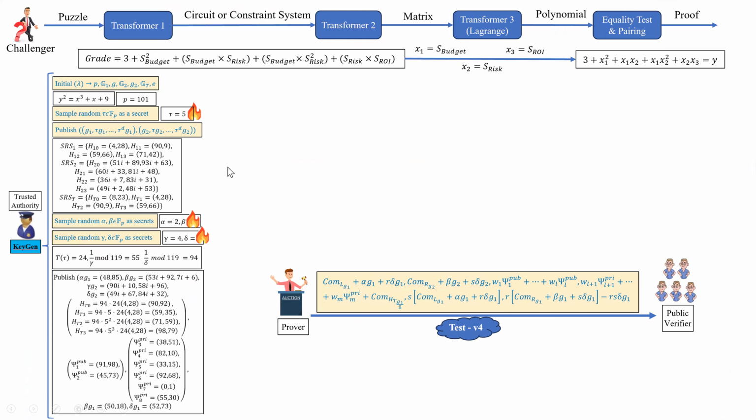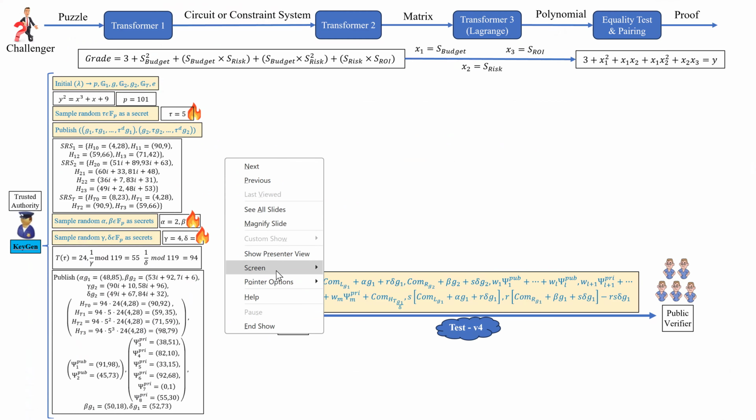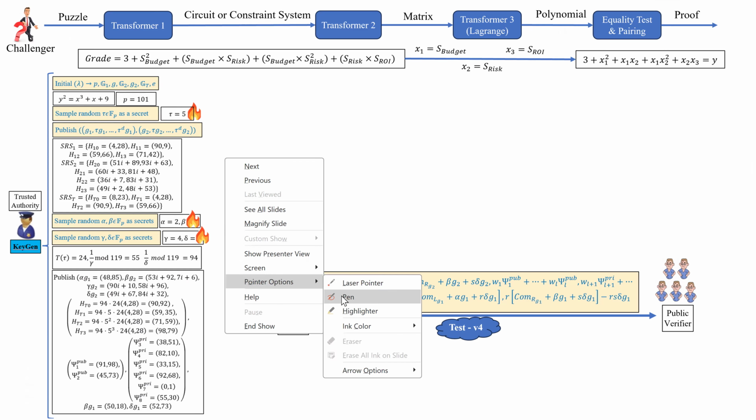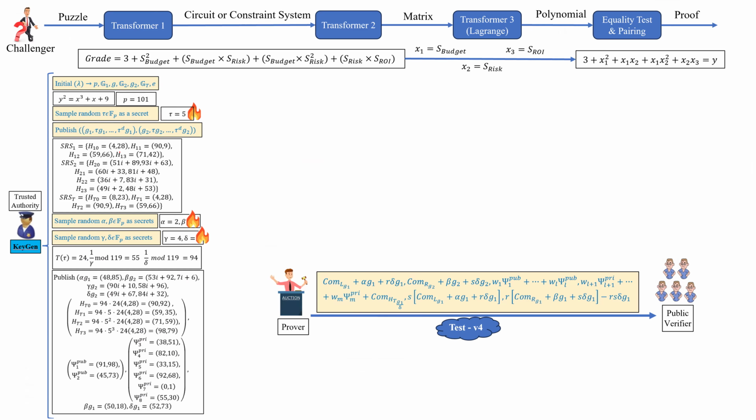So here you see that in our slide, the SRS values, 1, 2, 3, and 4 for SRS 1.